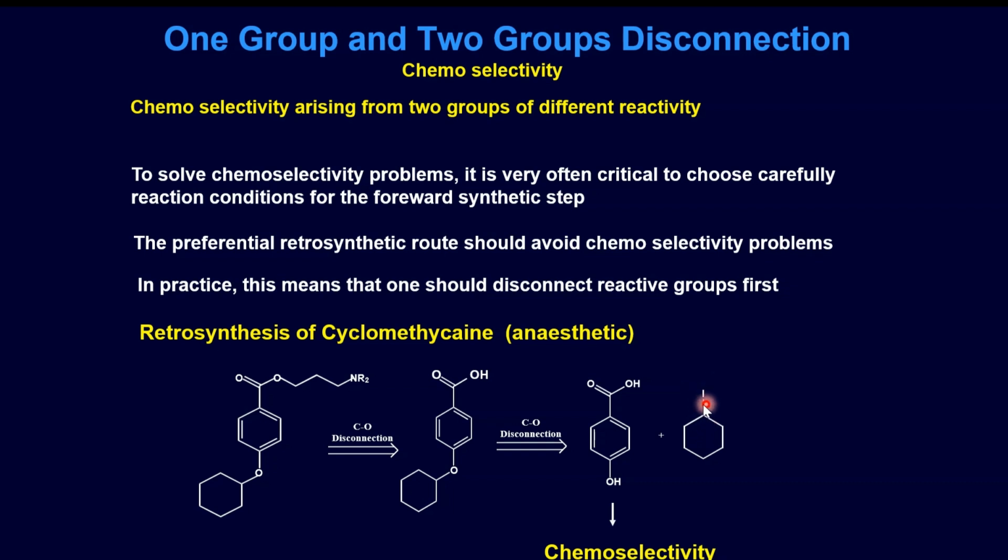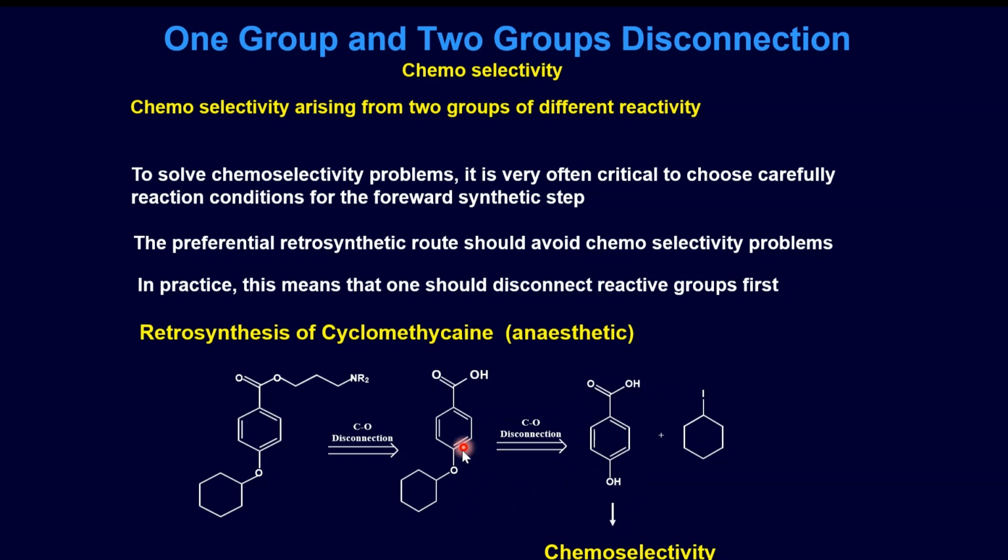That's why I add an easy leaving, electron withdrawing group like iodide, cyclohexyl iodide. This oxygen has a lone pair of electrons, as it is in the sp3 hybrid form, it can attack on the positive center and iodide can get kicked off, and I'll get the corresponding cyclohexyl group joined through this oxygen to the benzoic acid group.